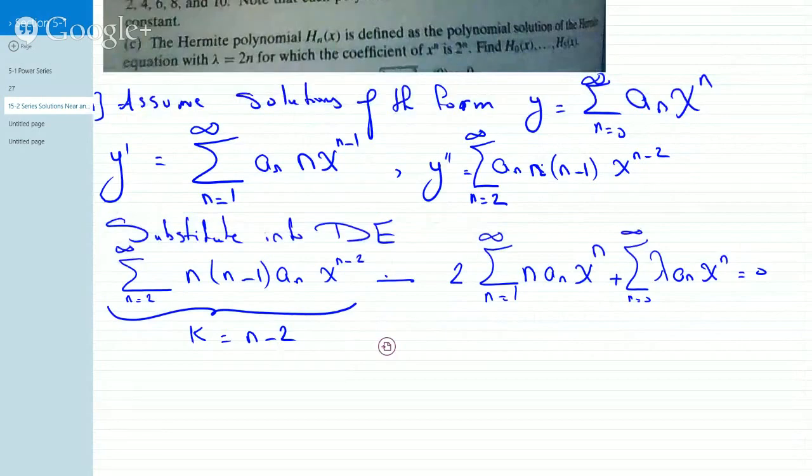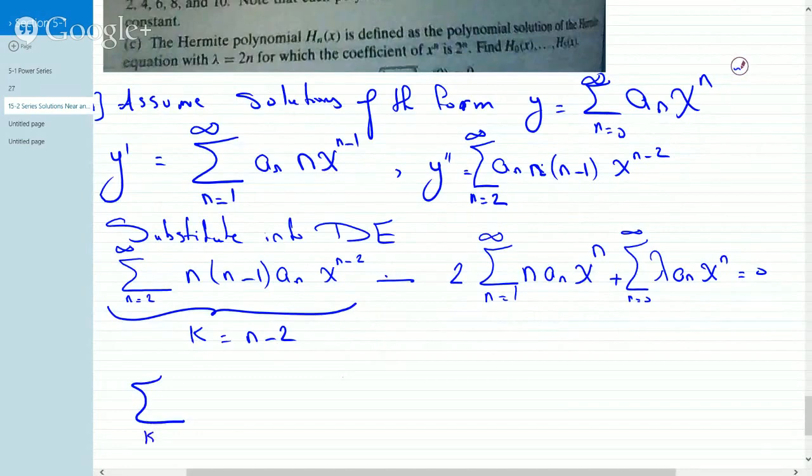So that means this first one now starts at k. You know how to start this one or no? You assume solutions of the form a n x to the n. You take derivatives, you plug them back in. You're going to have this on the test, so you should know how to do it.